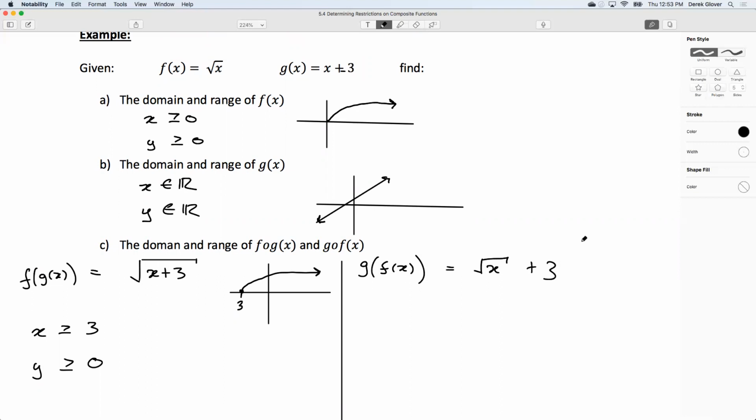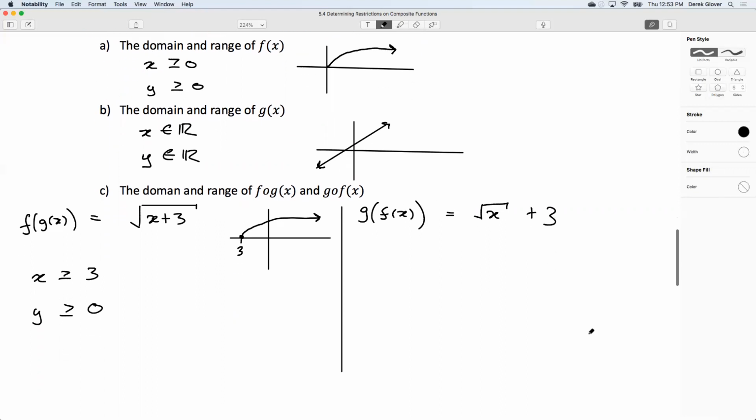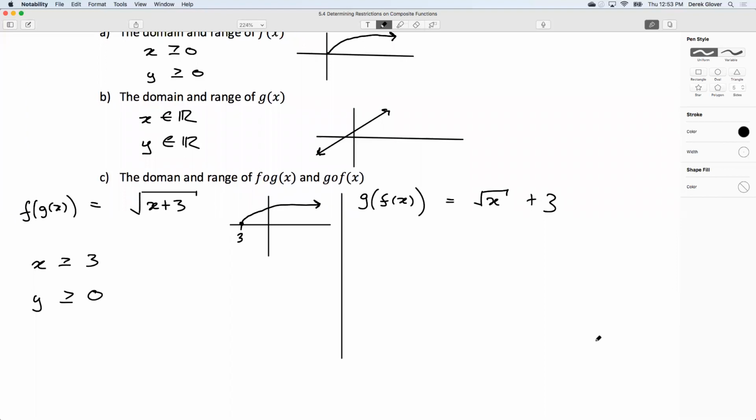And so in this case, we have an x inside our square root, and that's the only thing giving us a restriction. We can't have negative square roots, so x itself can't be negative. So x must be greater than or equal to 0 this time.